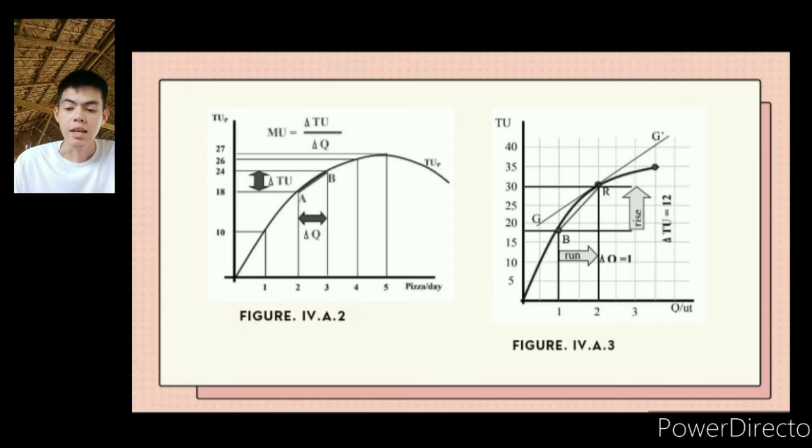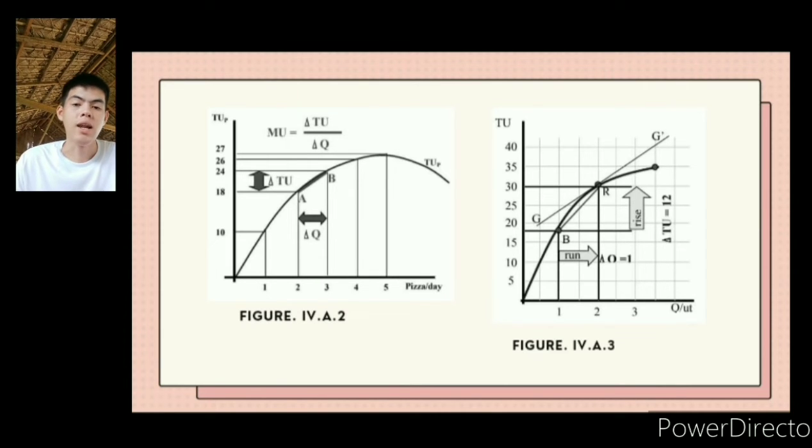As we see in this figure, the marginal utility can be shown as the slope of a line from point R to B. Kung makikita nyo dun sa figure. Then, the actual total utility is shown by the curve between R and B. Yun yung pinakang actual na total utility.